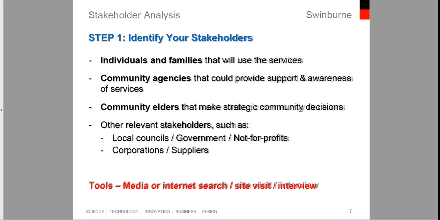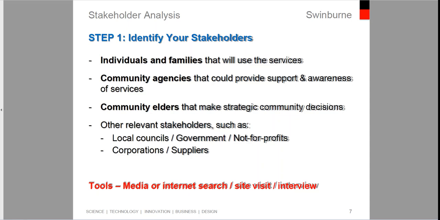And also we need to consider other relevant stakeholders like local councils, governments and not-for-profit organizations. These local government bodies and not-for-profit organizations often have resources and expertise that can help implement the project's objectives, right?